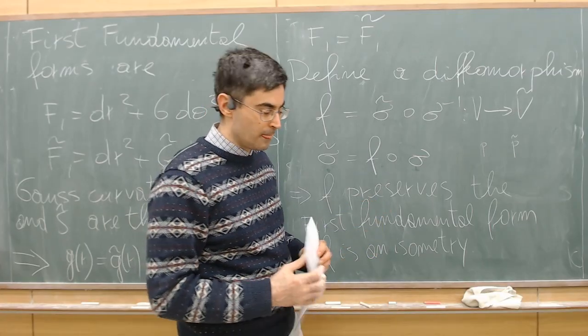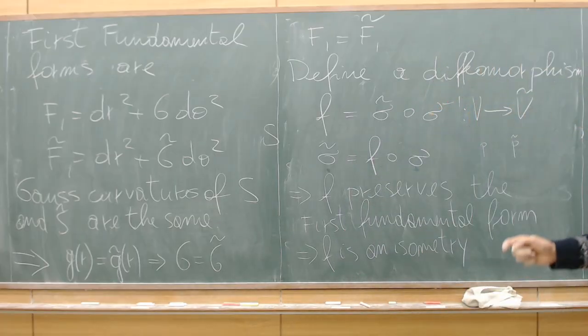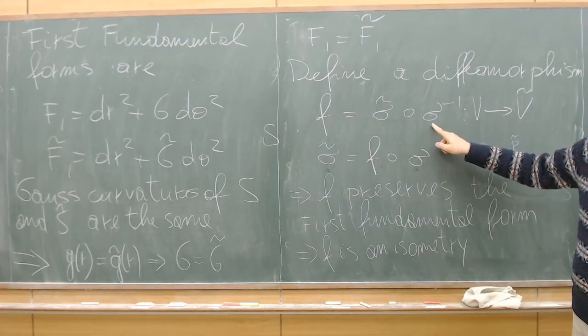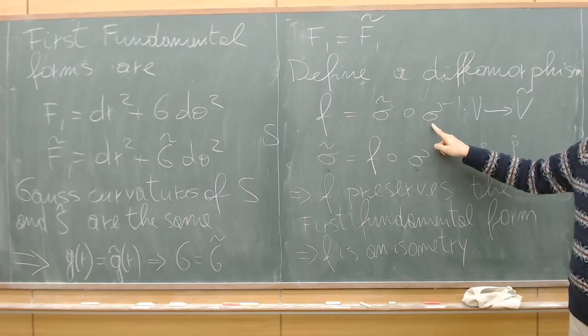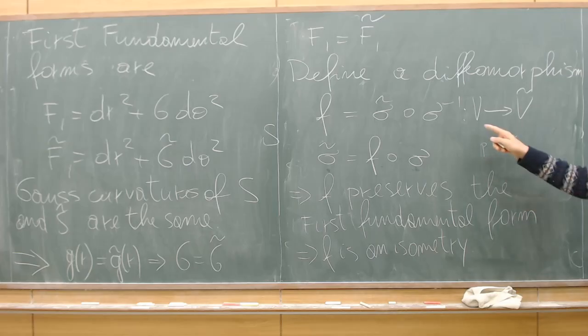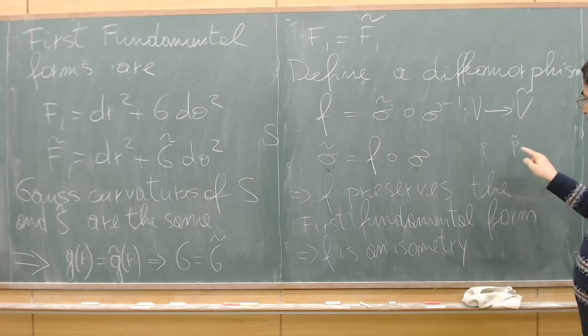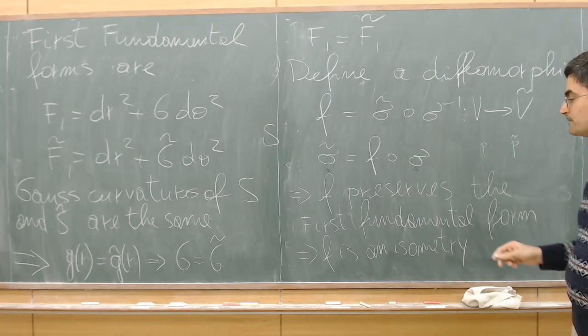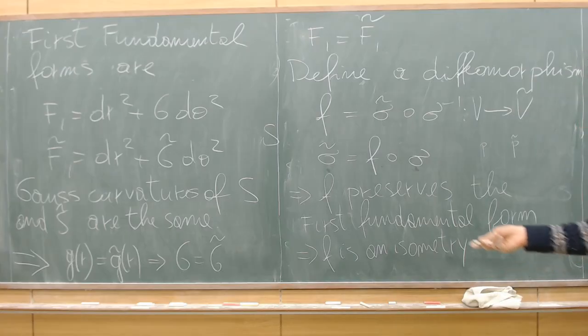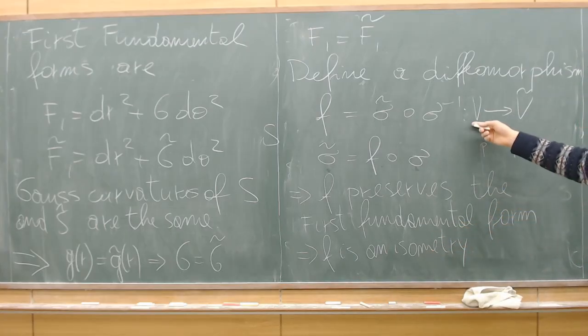I mean, the map sigma, for example, is not defined at r equal to 0, nor sigma tilde. So this means that V and V tilde are not neighborhoods of P and P tilde, but you can fix this problem by extending F to a larger open set.